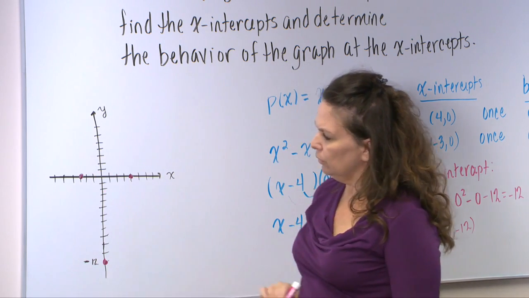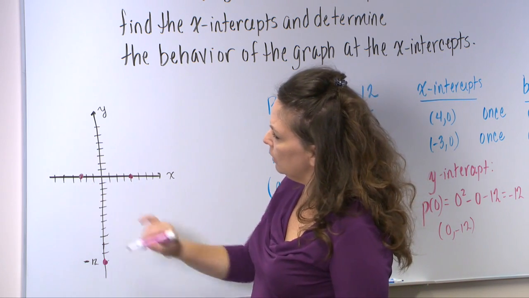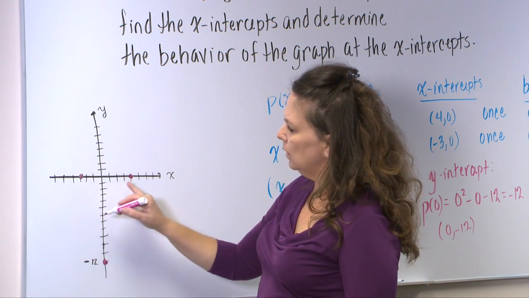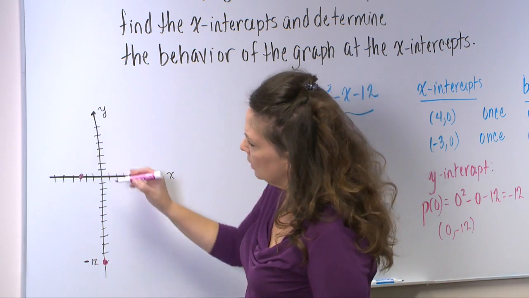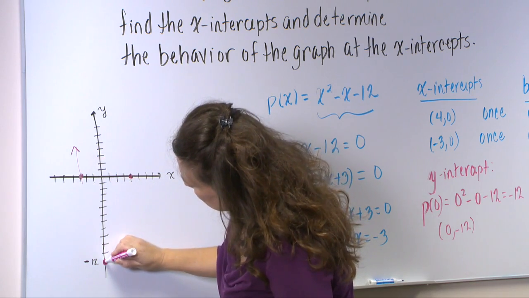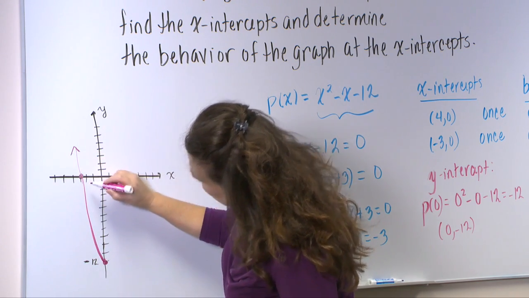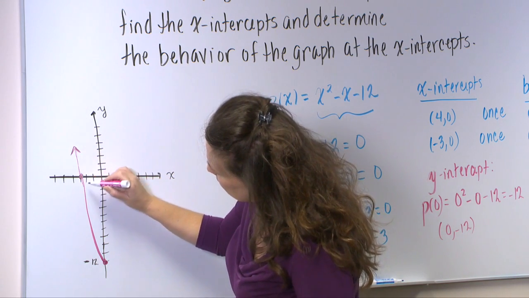So the graph is going to go through that y-intercept. In addition, at both of these x-intercepts, since each of them occurs only once, the graph will cross. So it goes through negative 12, crosses at this x-intercept of negative 3, 0.